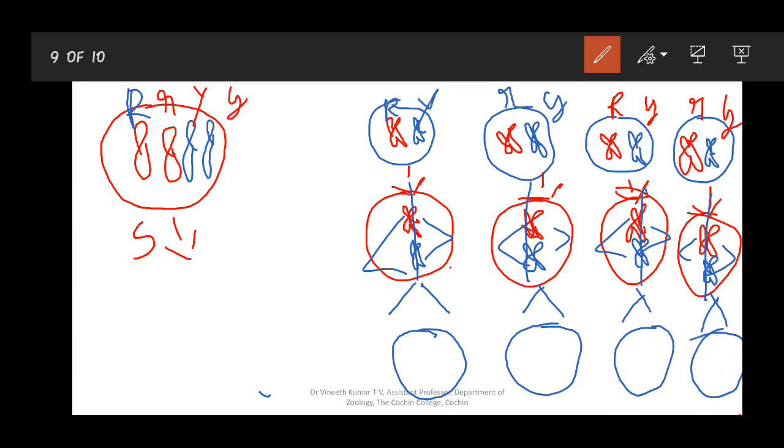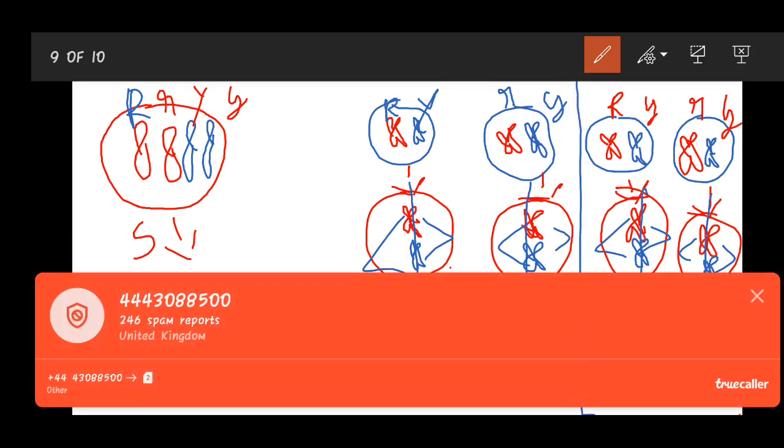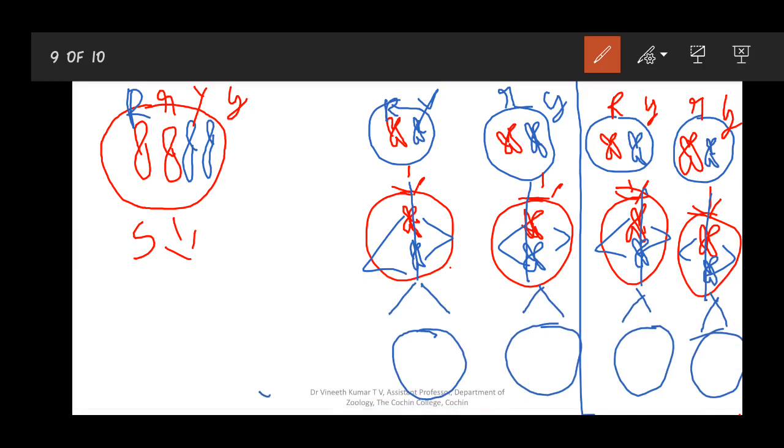Actually, you get 8 different possibilities here. Rather than 4, you get 8 different possibilities. This is one possibility, and the other one is the other possibility. Such 2 possibilities you get in this particular manner.